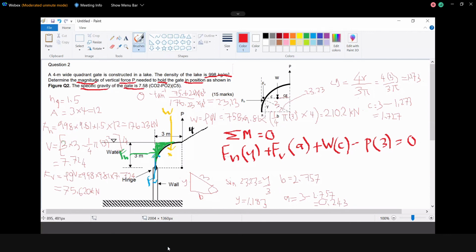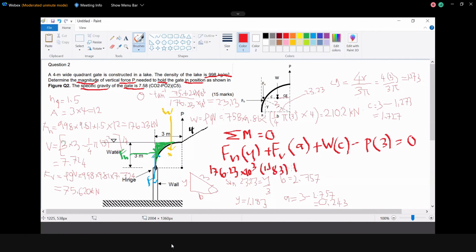So kita nak masukkan FH ialah berapa tadi? 176.23 kali 10 kuasa 3, kali Y, 1.183.